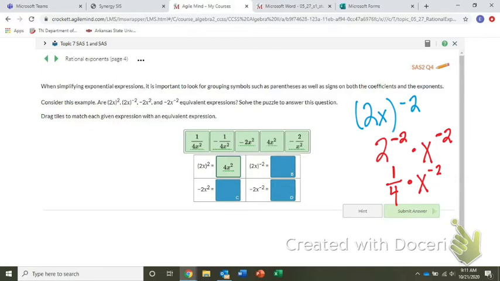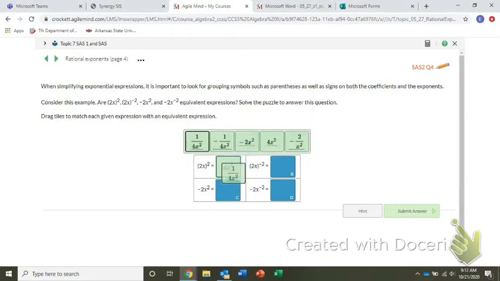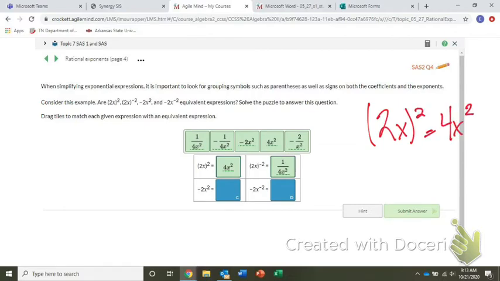So this is really over 1. So if I put it on the bottom, then I'm left with this right here. Another way you could do this is you know that 2x to the positive 2 is 4x squared.